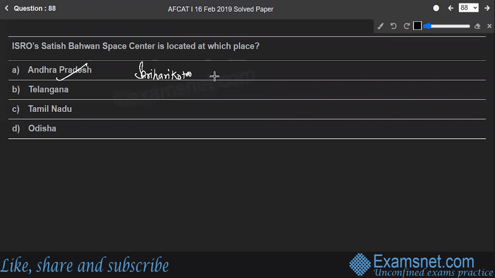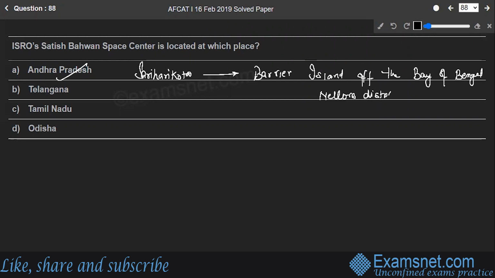Sriharikota is a barrier island of the Bay of Bengal coast, which is located in Nellore district of Andhra Pradesh.